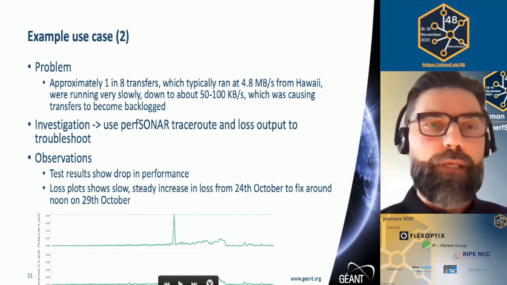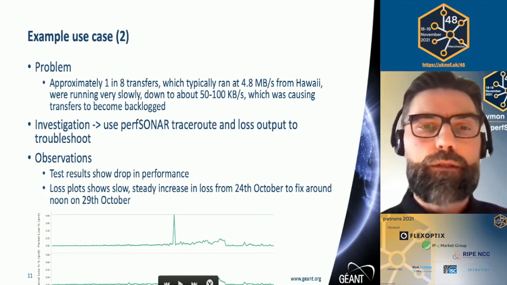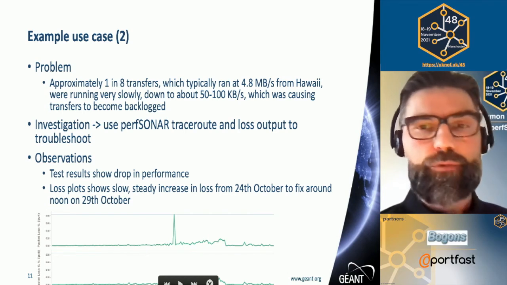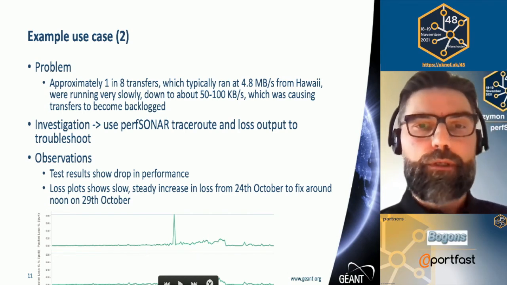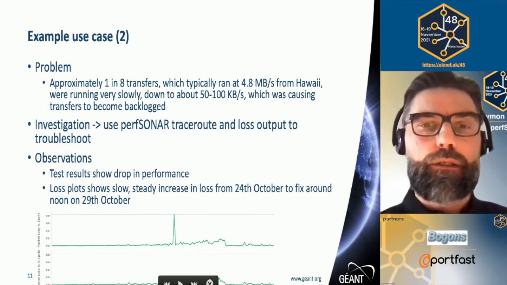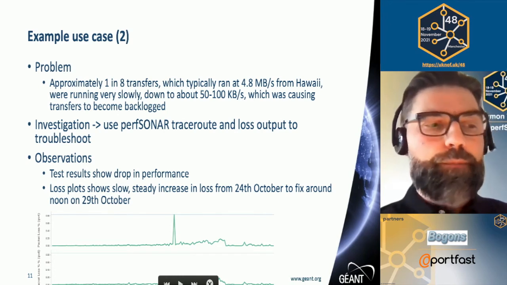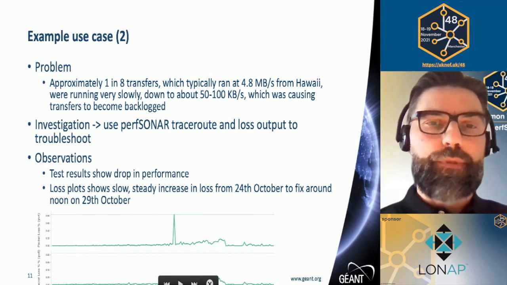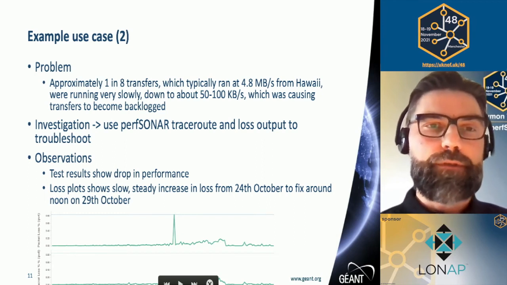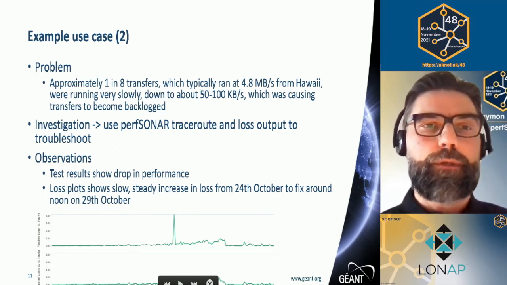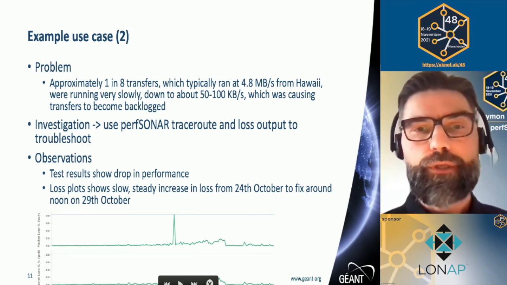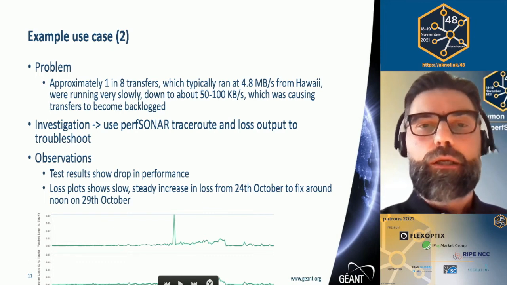And that was really impacting the experiments, and the transfers started to become backlogged. So it was abnormal compared to the day-to-day situation. Because the institutions involved in these experiments are using perfSONAR instances and perfSONAR architecture, the idea was to use the tools.